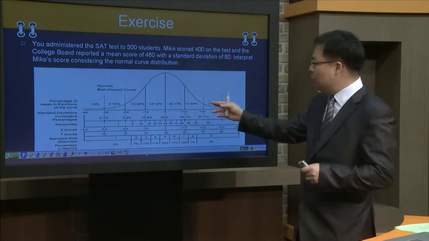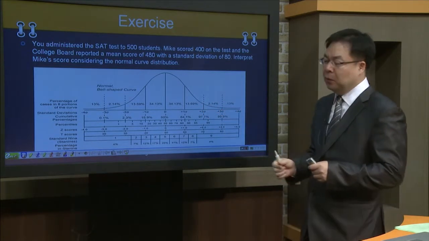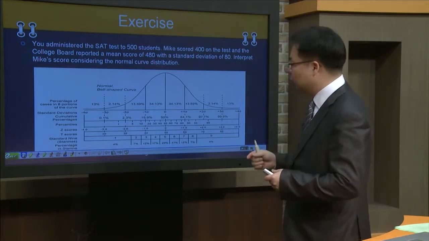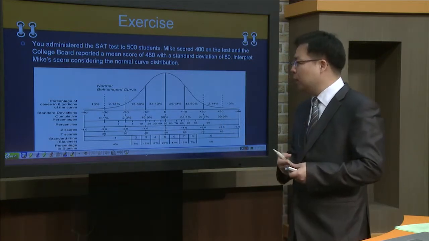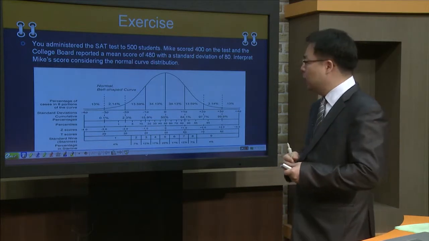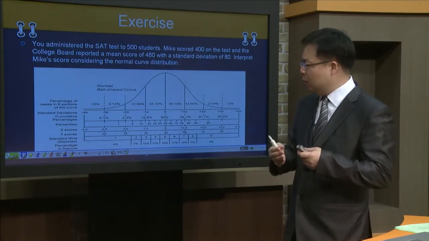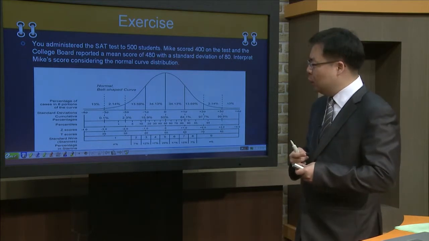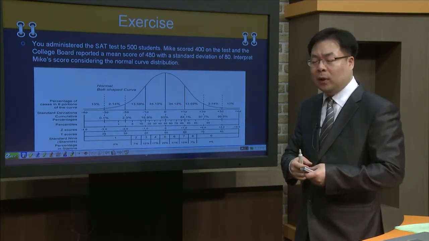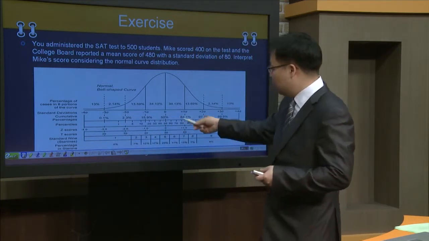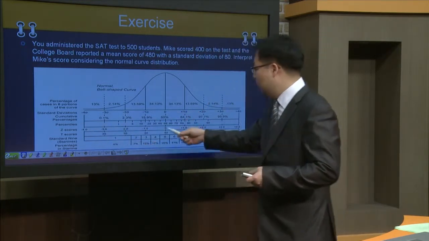So usually 34, 14 and 2 is easy if you memorize those numbers to calculate this type of question. And also this figure looks a little bit complicated because it also shows other derived scores like standard scores. For example, here is the percentile, and also the Z-score is here.